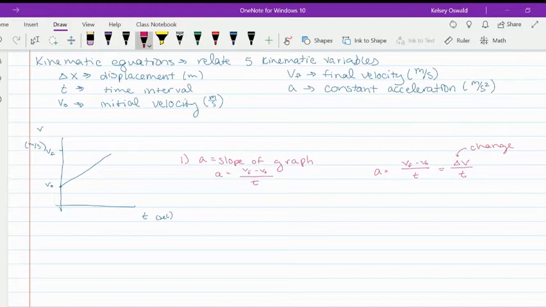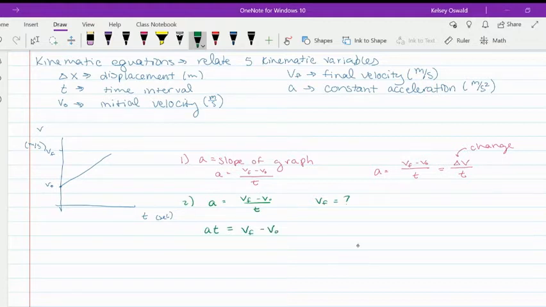If we want to derive our second kinematic equation, we are going to rearrange that equation we had to find our acceleration. Let's say we wanted to solve for our final velocity. We didn't know what our final velocity was, and we wanted to find that. Our first step would be to multiply both sides by t. Then we'd have at is equal to our final velocity minus our initial.